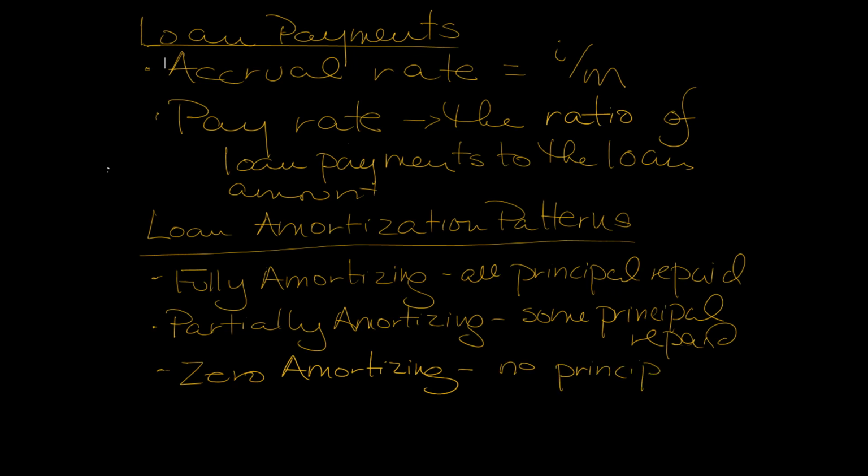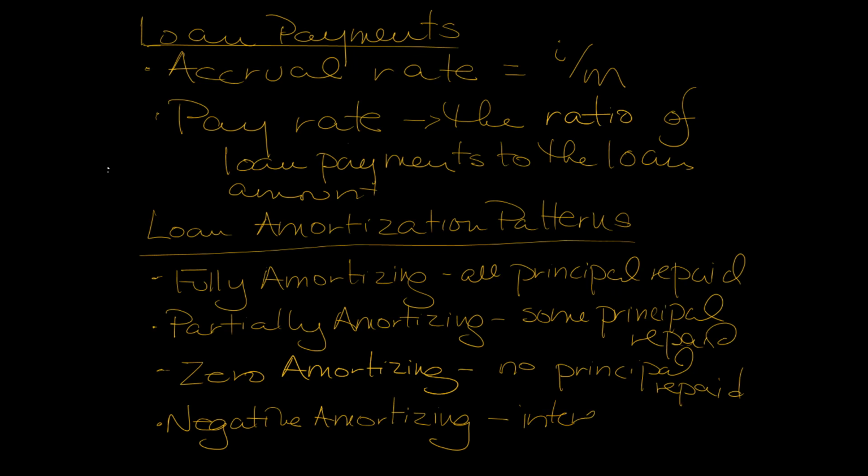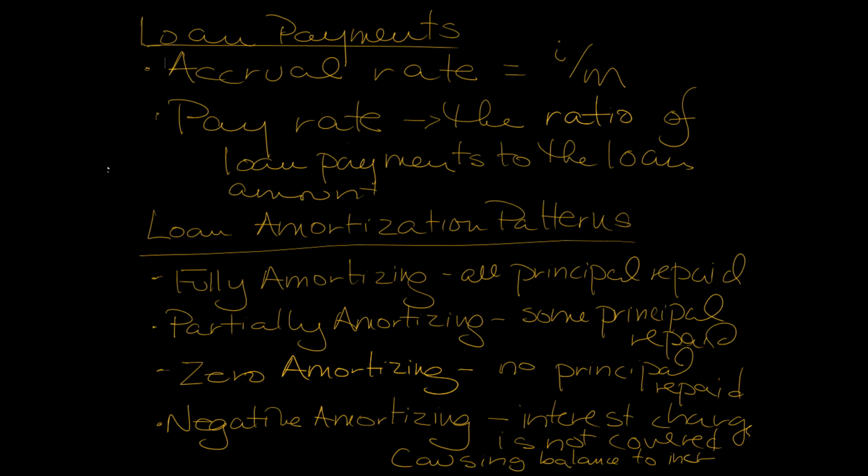So we will be reducing the principal over time, but not enough for the loan to be fully repaid. With an interest-only or a zero amortizing loan, the pay rate will equal the accrual rate. And with a negative amortizing loan, the pay rate will be less than the accrual rate.